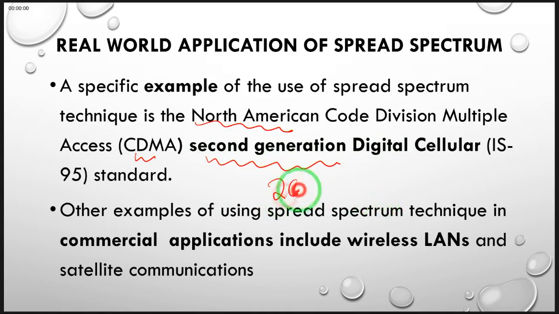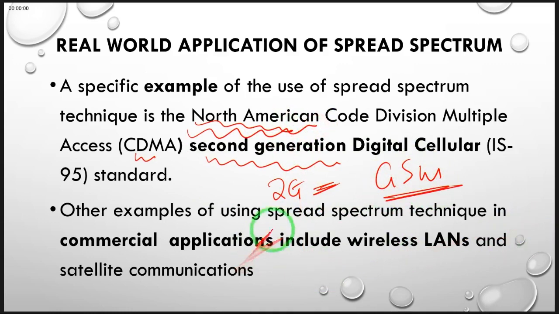You remember 2G for us was offered by GSM, but in North America, that is USA and Canada, they were using the standard that utilizes spread spectrum, which I believe is still being used up to now for 2G voice communication. Another example is wireless LANs or Wi-Fi. Most of them use spread spectrum to provide security, and therefore interference is reduced, as well as the many advantages that we have seen with spread spectrum.